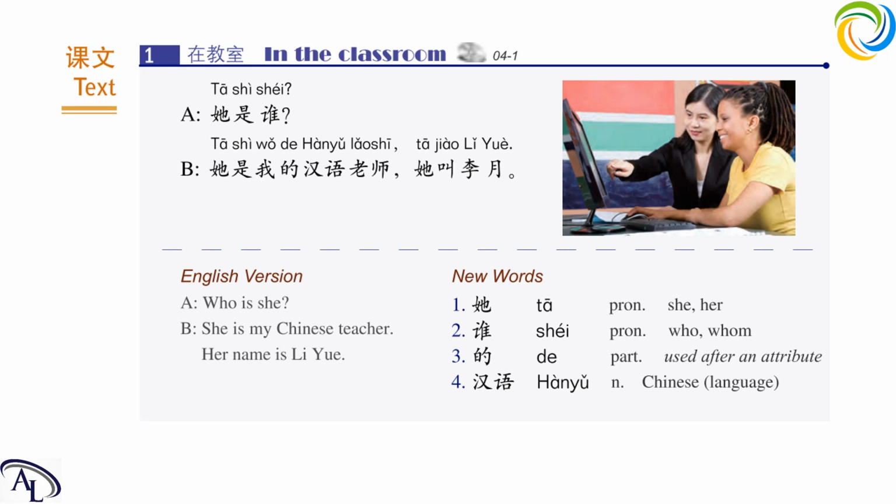Now let's switch the roles. Okay, you will be A and I will be B. 3, 2, 1. 他是我的汉语老师，他叫李月。Very good. Now let's move on to text 2.